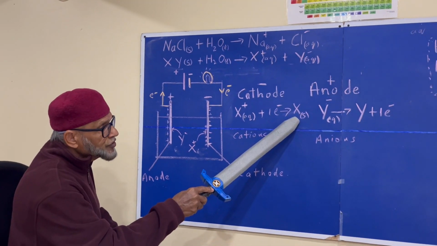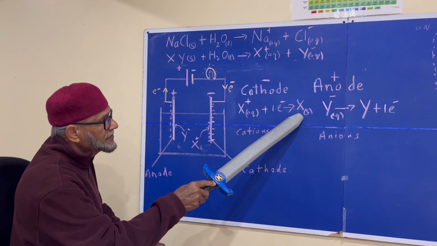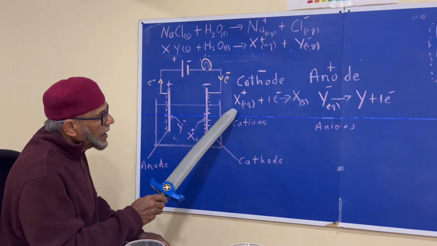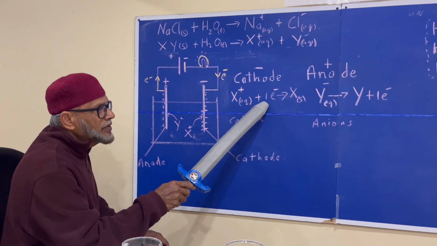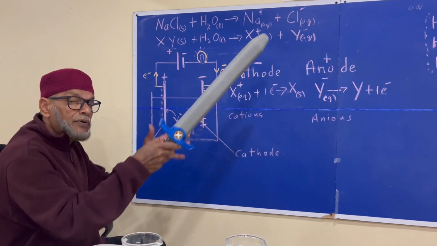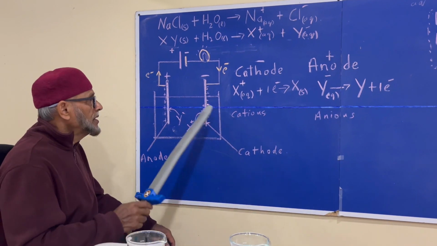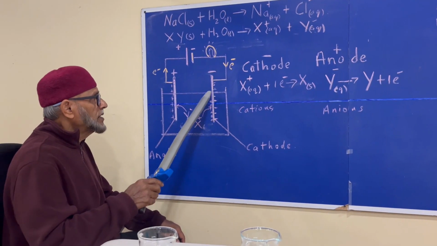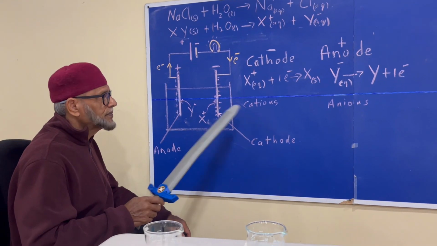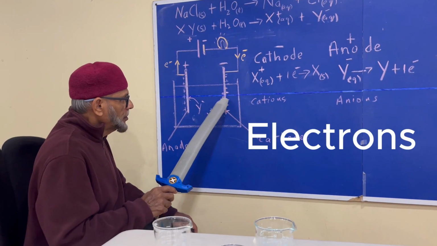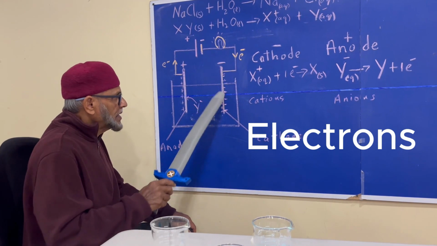It becomes neutral and it deposits itself onto the cathode here. So if that was copper 2 ions, it would have collected 2 electrons and deposited itself as a copper atom. If that process is allowed to go on for a long time, one would have seen that this cathode here becomes coated with a layer of copper. So these ions there, the cations, are going there and collecting electrons from this cathode.